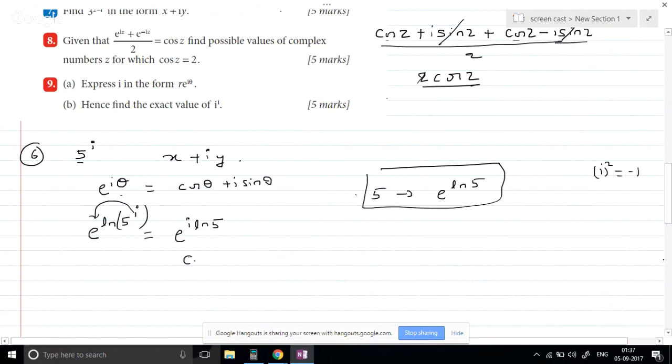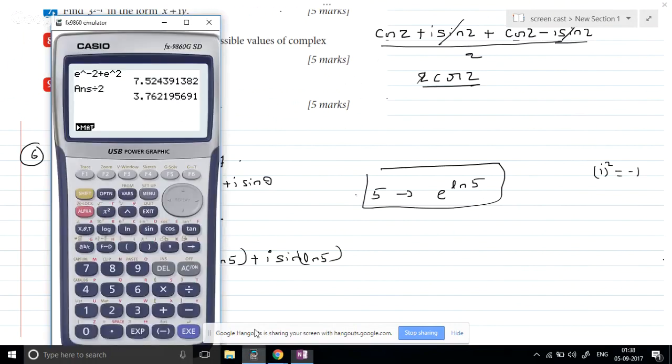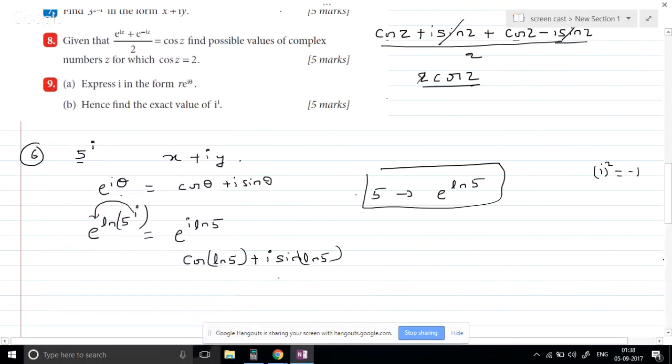So cos of ln 5 plus i sin ln 5. Now use your calculator to get the value of ln 5, cos ln 5 and sin ln 5.